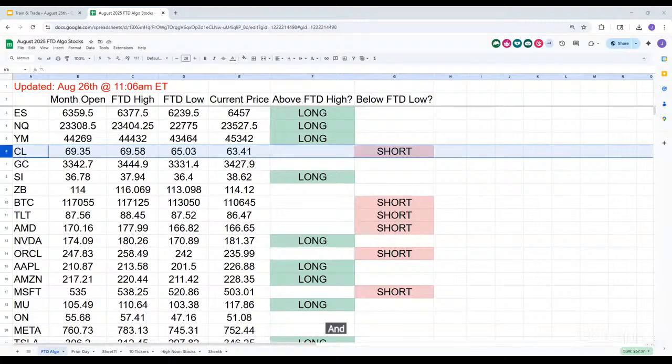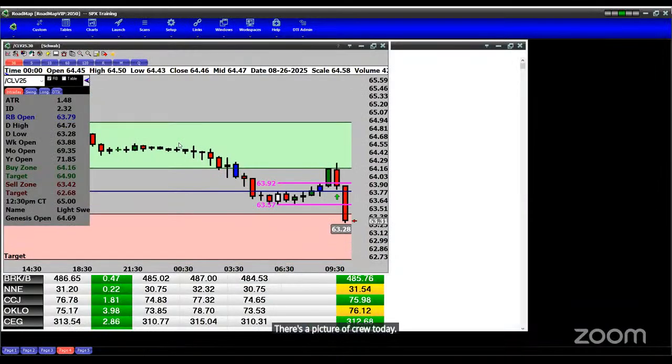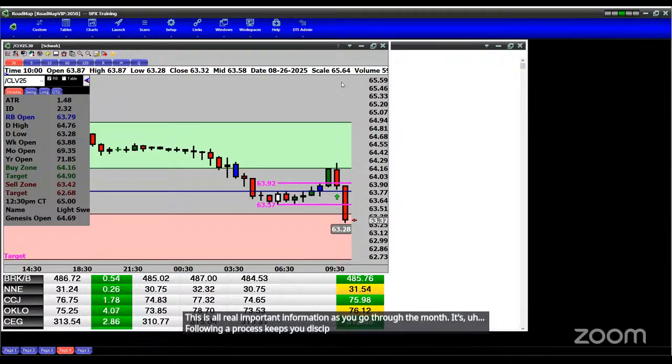And look what it's done today. We said, be careful. It's still short for the month. It's just a little retracement rally. There's a picture of crude today, back down to 63.31. This is all real important information as you go through the month. Following a process keeps you disciplined, is the goal here.